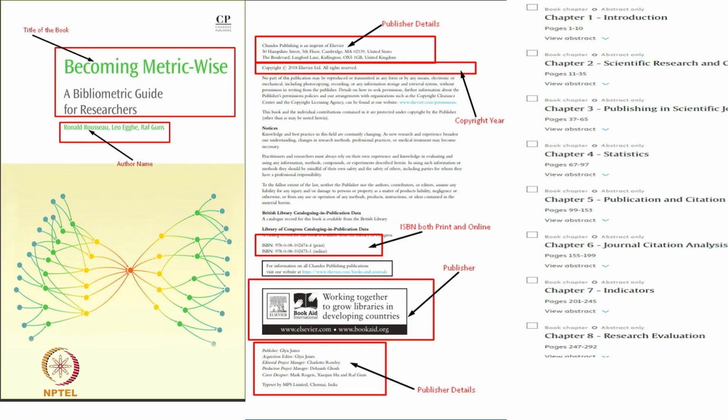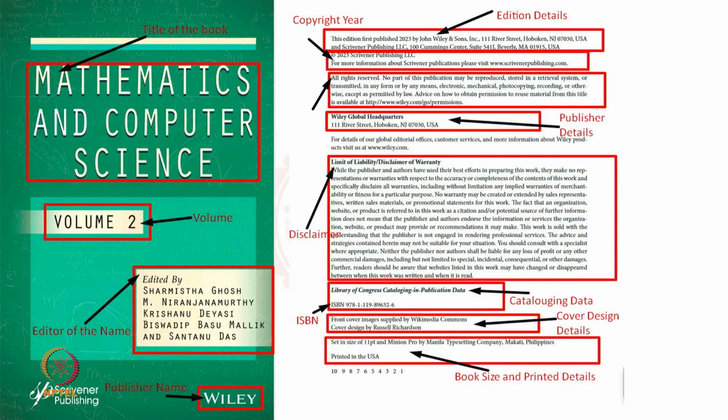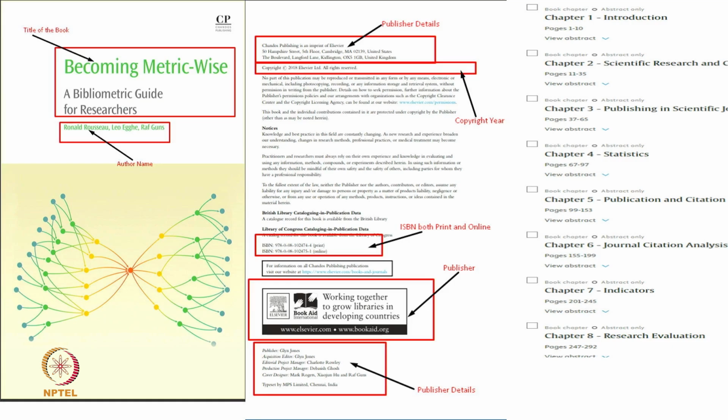Okay. So now take the example of a publication source of the type book. The key difference from the earlier book we discussed is that here all the chapters are written by these three authors only. If you see the chapters of this particular book, you don't find any author details.